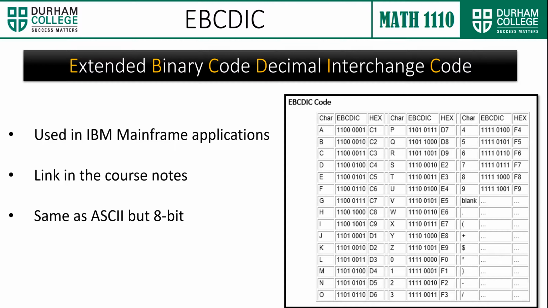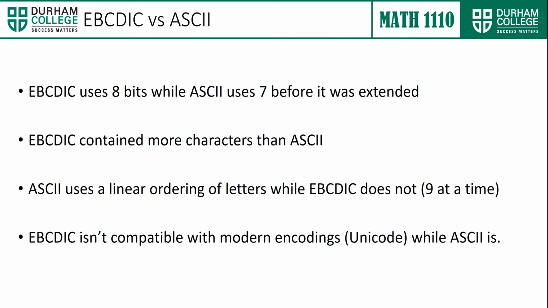The main difference is that it is really 8-bit, and it's always 8-bit. The standard ASCII was 7-bit, and the extended ASCII was 8-bit, but EBCDIC is always 8-bit. That is something we need to know.